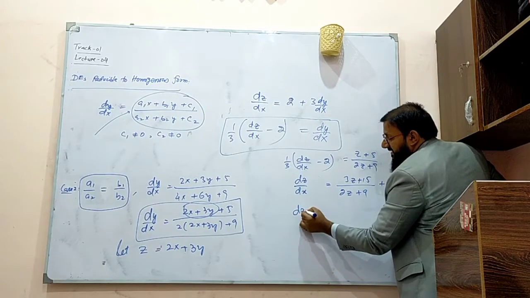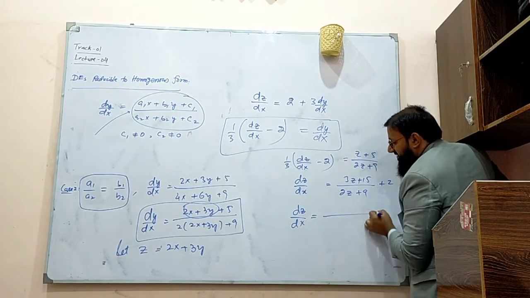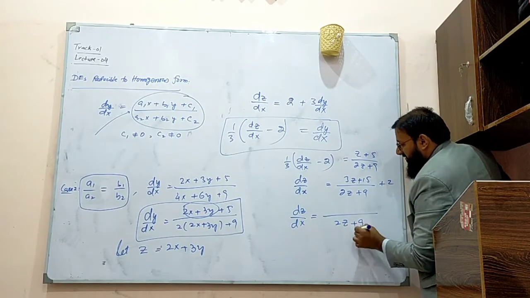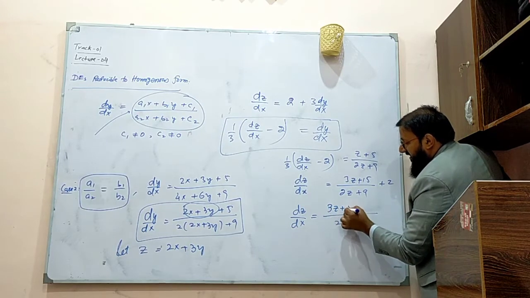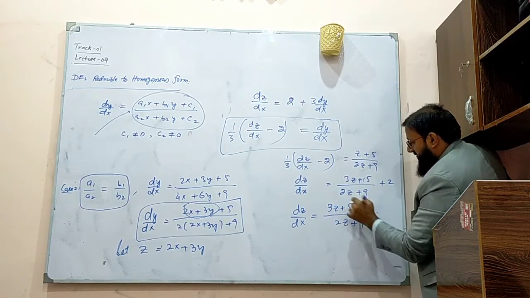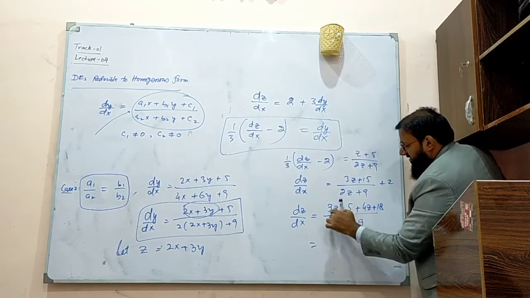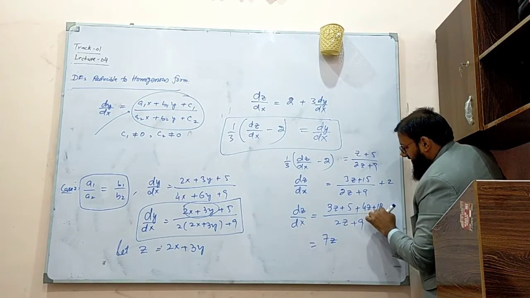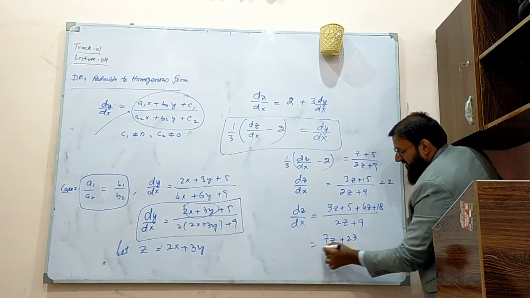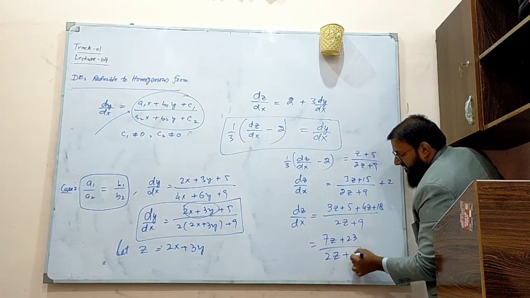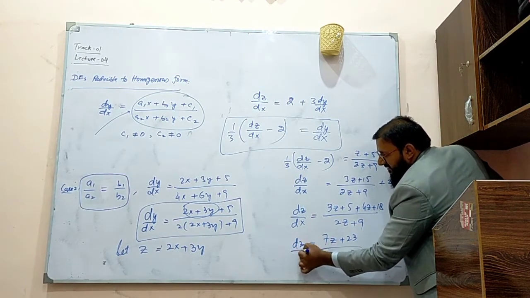Then you get dz by dx equals, with LCM, (3z plus 15 plus 4z plus 18) over (2z plus 9). So 4z plus 3z is 7z, and 18 plus 5 is 23, over 2z plus 9.